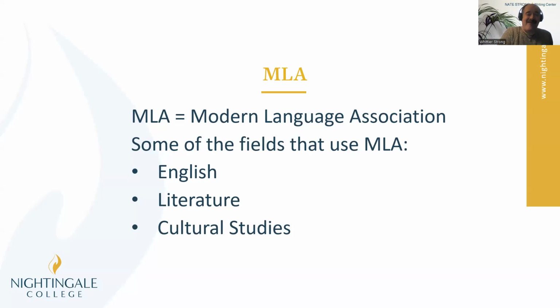Not surprising at all. Some of the fields that use the MLA style manual are English and literature, and odds are that is why you have encountered MLA elsewhere, maybe even in high school.